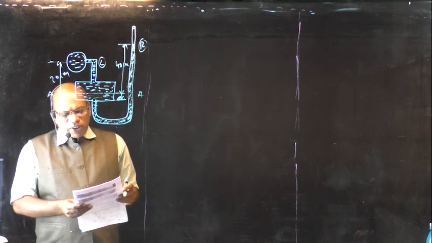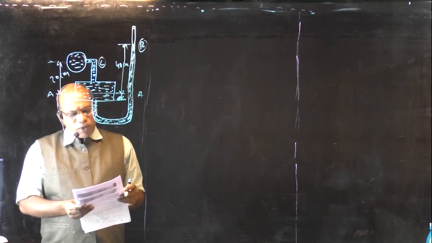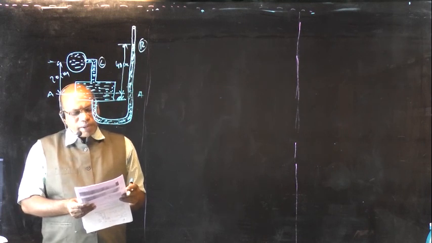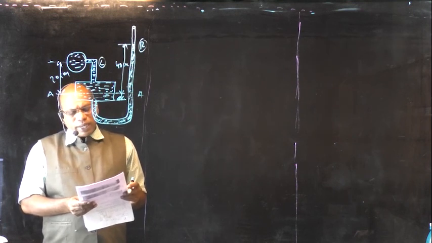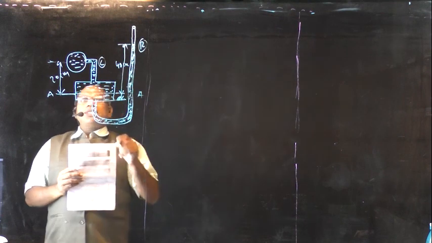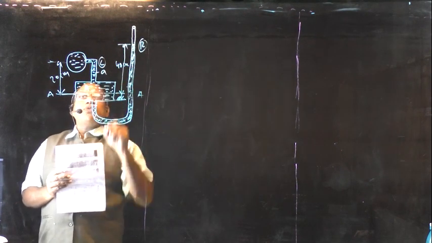In this problem, find the pressure in the pipe if the area of the reservoir is 100 times the area of the tube, for the manometer reading as shown in the figure. That means this is the area of the reservoir, and this is the area of the pipe.